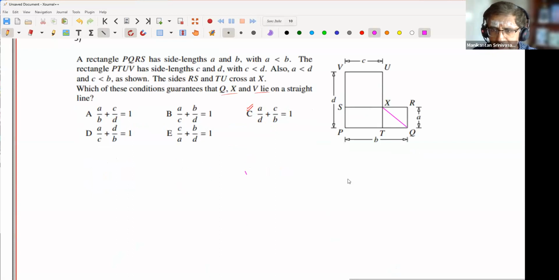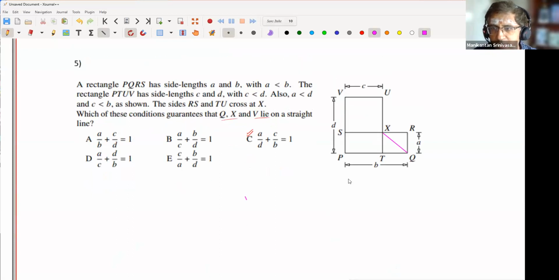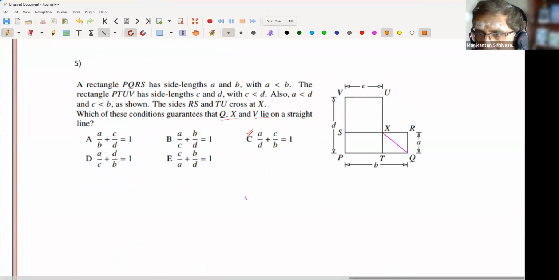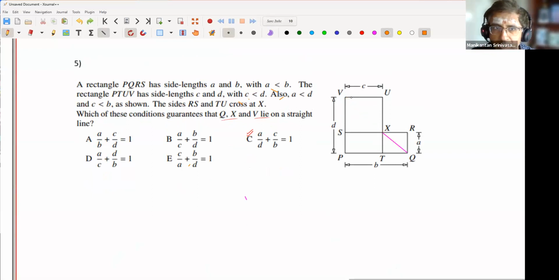I'm still sharing my screen, right? Okay, good. So the slope of QX must match the slope of QV. In this case, is it drawn well? QV is this, right? Okay, all right. Let me just first draw this one.